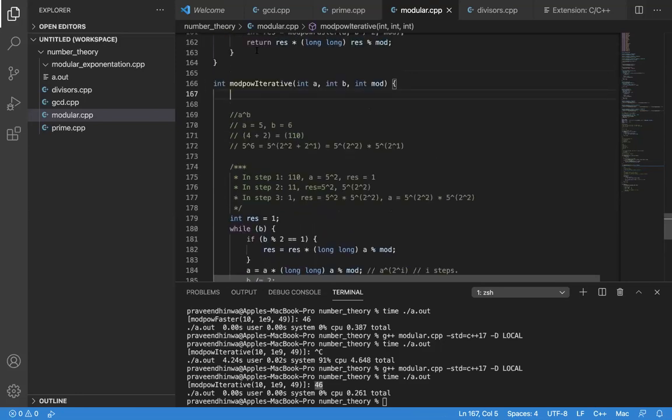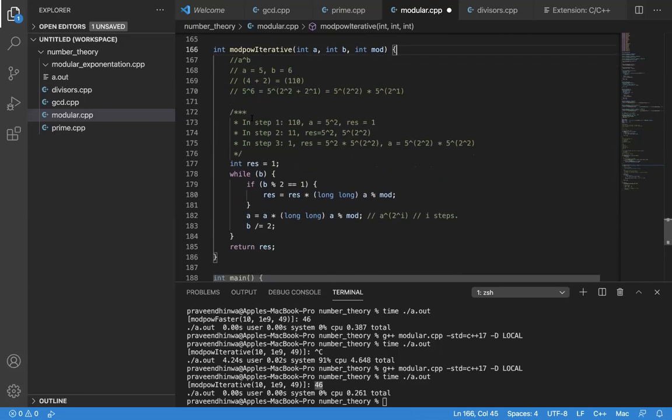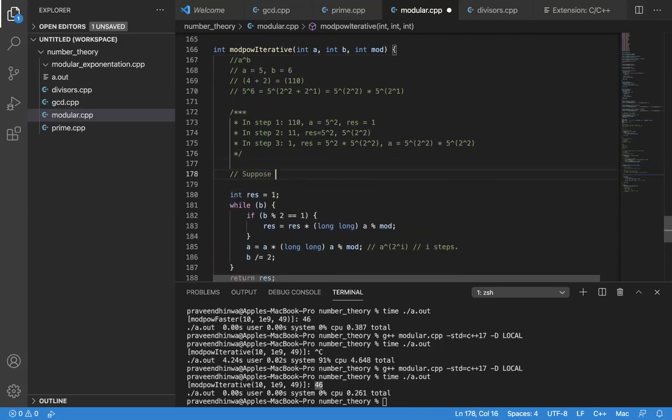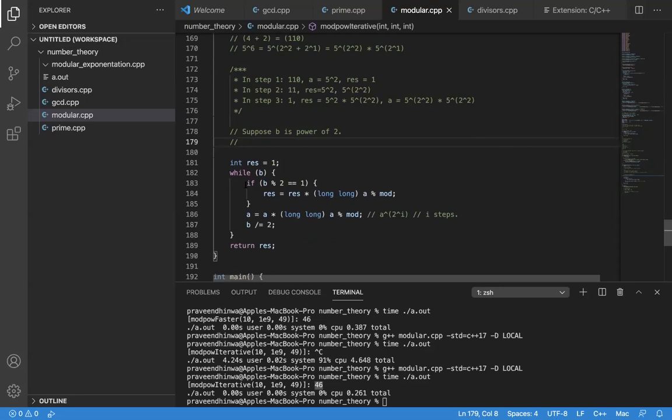So let's try understanding it in this way. Suppose B was only a power of 2. Then will this condition, if B percent 2 equal to 1, ever be executed?